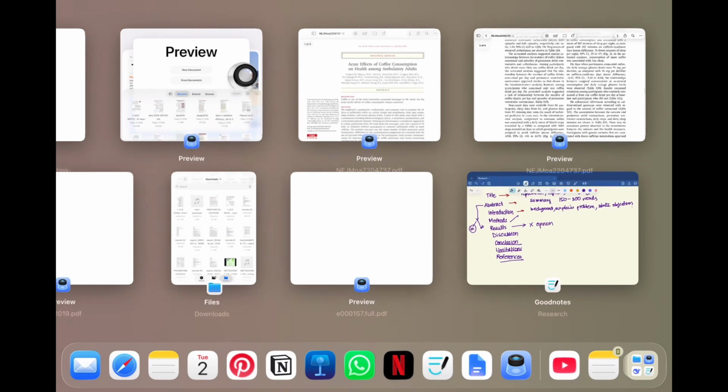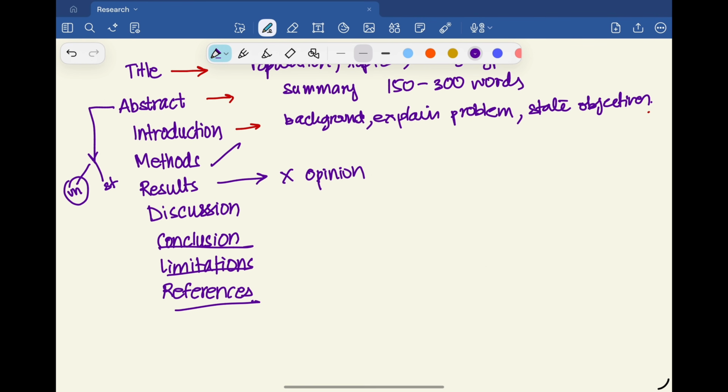Now after the results section, we then have the discussion section. Now I told you that you can't interpret your results in the results section, and you have to interpret your results in the discussion. So discussion is basically the interpretation, and it's where you explain your results. You compare them to other studies, and you try to convince that your work matters, right?